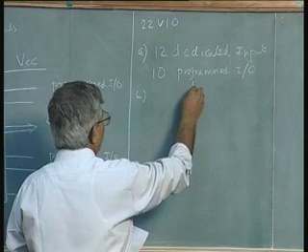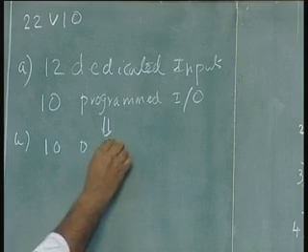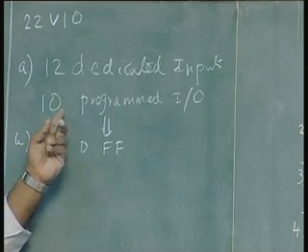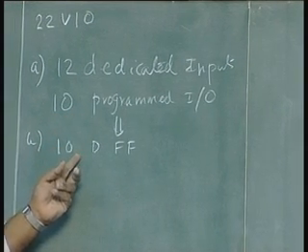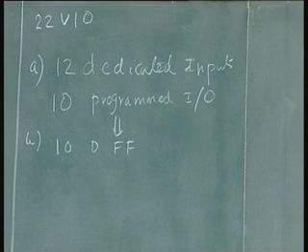Each of these programmed I/O is also connected to 10 D flip flops. So this is again a common feature. A given pin can be used as a programmed I/O pin or a flip flop pin by a proper logic inside. So 10 D flip flops, and each of them is driven by an OR gate combination, as here.